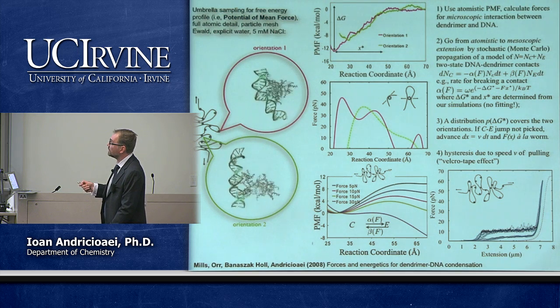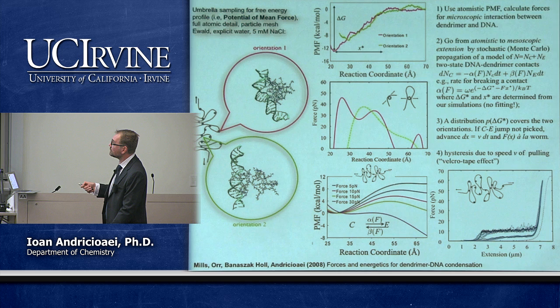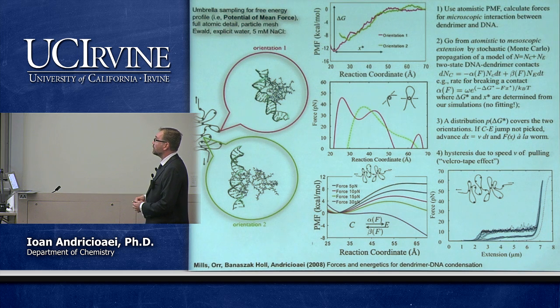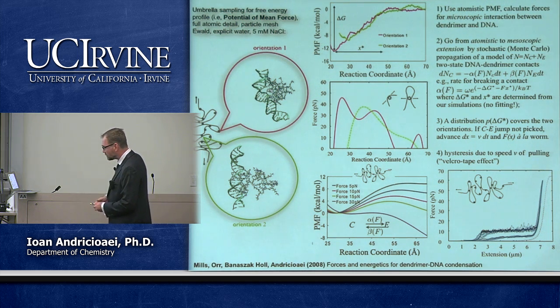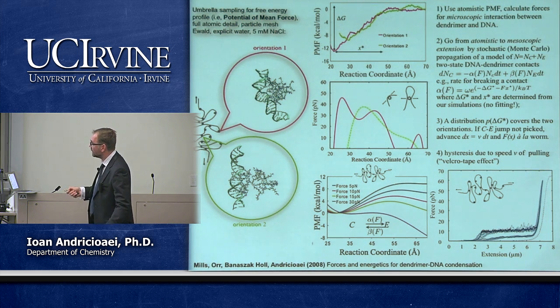So that is done via molecular dynamics simulations. We compute the forces of interaction between the dendrimer and the DNA. And once we compute them, we can build a statistical mechanical model for the force versus extension that I won't go into detail, but that reproduces very well the experiment. It doesn't matter which one is which.